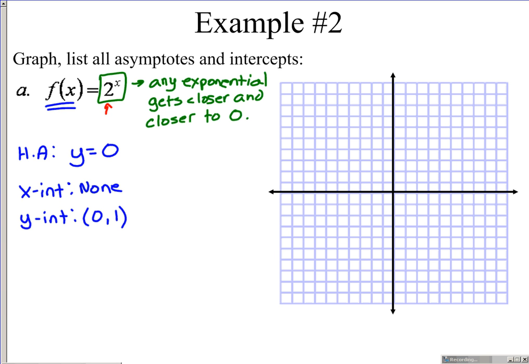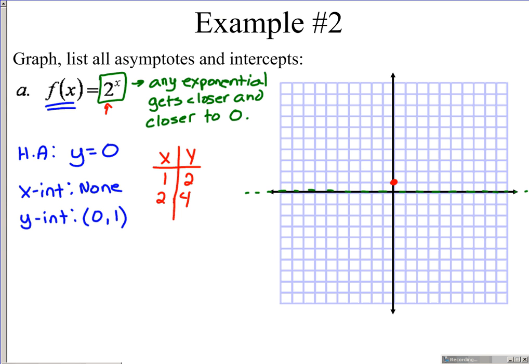Begin graphing what we have. We have our horizontal asymptote at 0. We have a y-intercept at 0, 1. And now let's pick a couple other values of x, make a table, and see what our graph looks like. Plug in 1 for x, we get out 2. Plug in 2 for x, we get out 4.